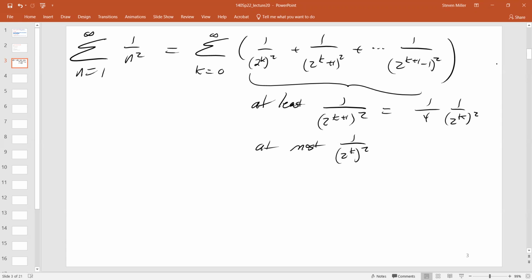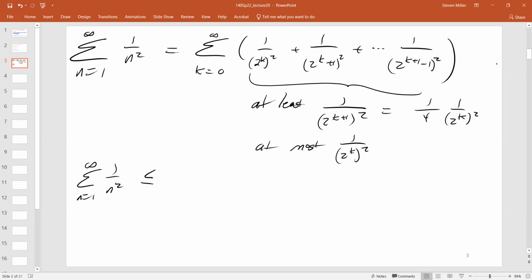So we can get a lower bound by replacing every term in the parentheses with the smallest, and an upper bound by replacing every term with the largest. If we want to show that it converges, we just replace everything with the largest, and that will give us a good upper bound. If we then did the lower bound, we would say the true answer lies somewhere within this factor of 4.